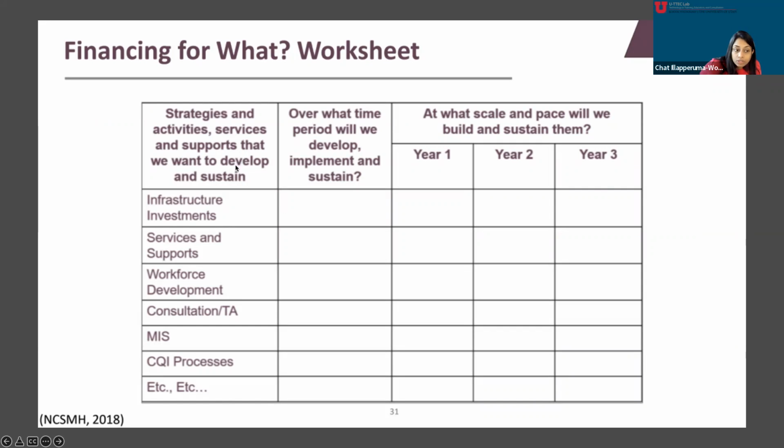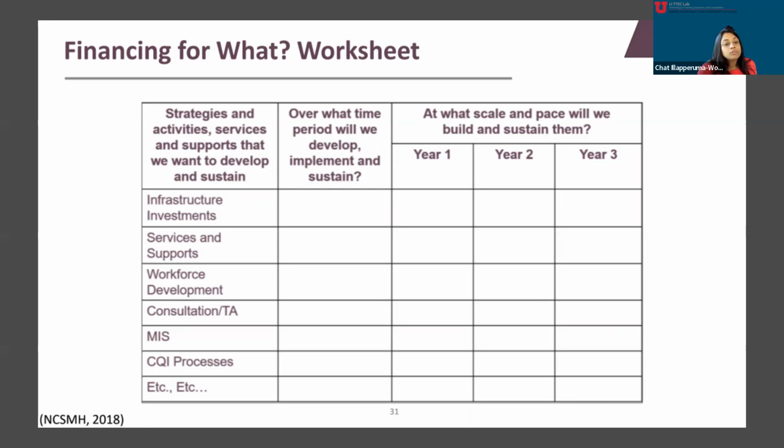So this is what the school, for example, needs. So infrastructure investments, services and supports, workforce development, consultation and technical assistance. So various needs. This is an example. And then the next column is, over what period will we develop, implement, and sustain? So you want to have a timeline of when you want to develop, implement, and sustain these.